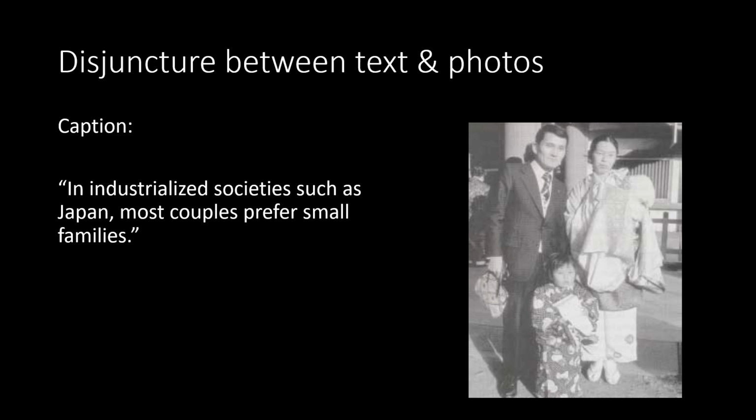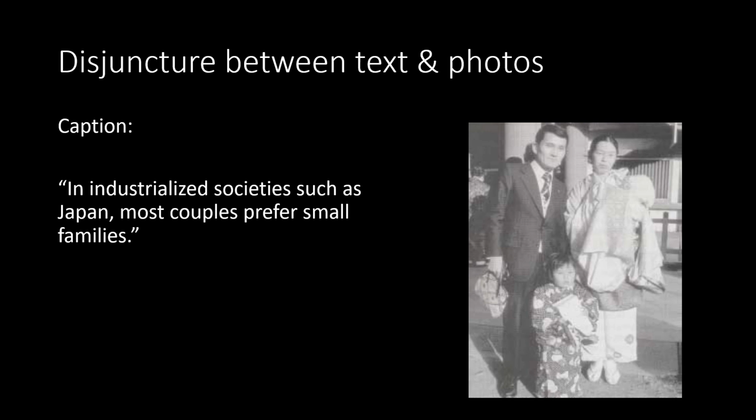And one other problem that Koyama finds is that sometimes there is a disjuncture between the text in the textbooks and the photos that are given. So one example of a photo in a textbook is this photo. Again, there's some aspect of traditionalism, considering that this is a celebration of the children's health being celebrated in a Japanese shrine, a Shinto shrine, a jinja.